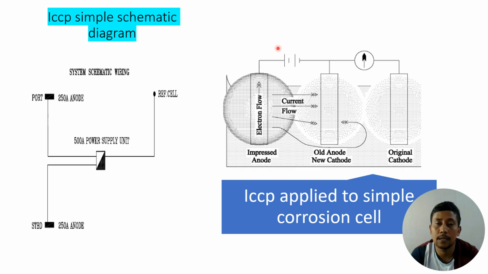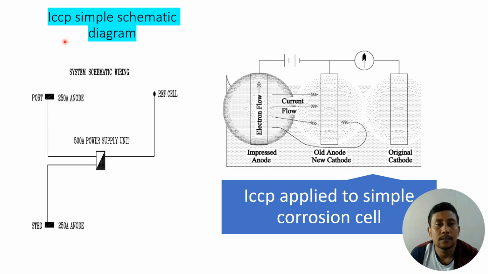We have a current supply here, and that current supply is connected with the impressed anode. Through this anode, we supply current to the electrolyte, reducing the potential difference between the electrolyte and the anode, making this anode cathode and being protected. That's the idea of ICCP.